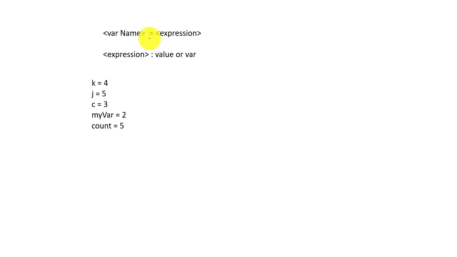For example, we have the statements k equal to 4, j equal to 5, c equal to 3, myWhere equal to 2, count equal to 5. These are all assignment statements, and in all these statements, we have the variable on the left hand side of the assignment operator and the value on the right hand side of this operator.